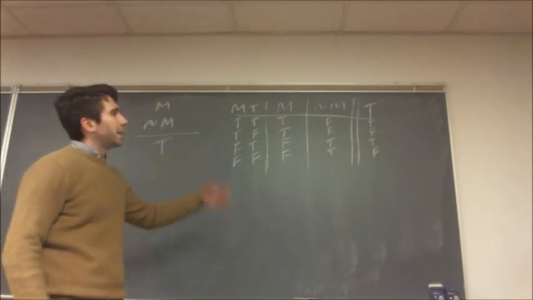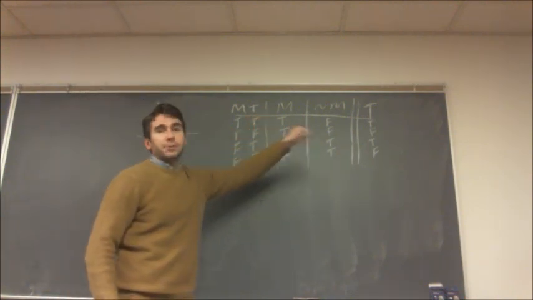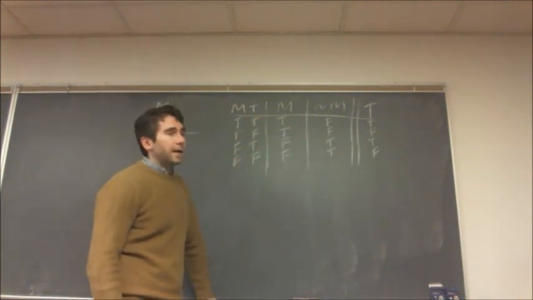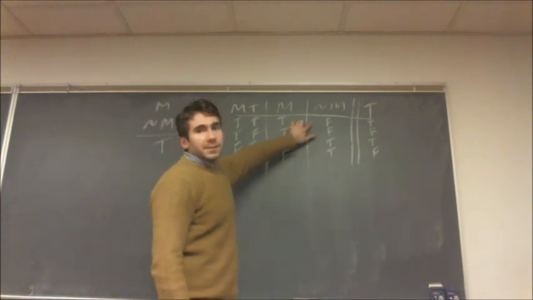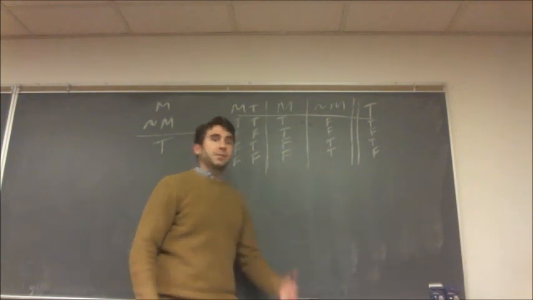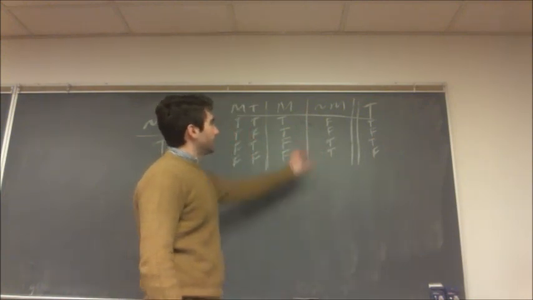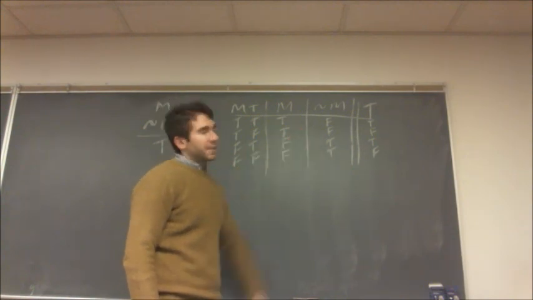So let's go row by row. First row, is it the case that all the premises are true and the conclusion false at the same time? No. The premises aren't both true at the same time. Second row, same idea. It's not the case that they're both true.